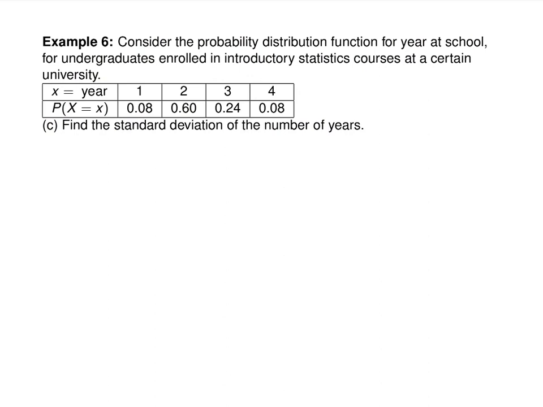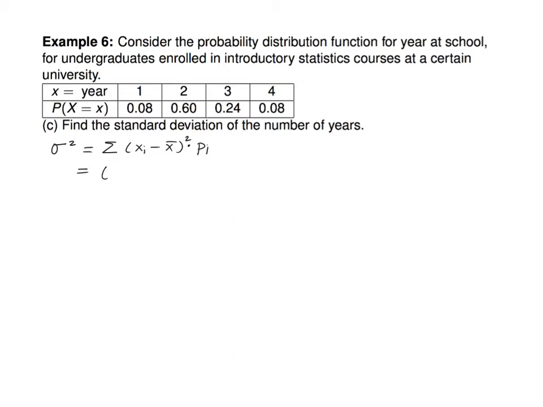So find the standard deviation of the number of years. Well, first we'll find the variance, which is given by the sum of the x's minus the mean, squared, multiplied by the probabilities, and then we'll take the square root of that.